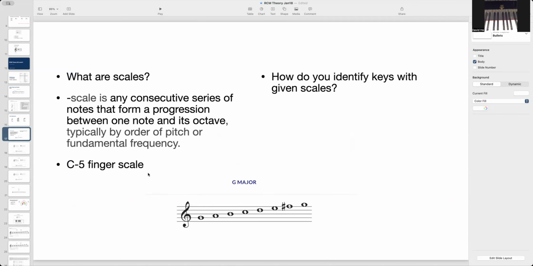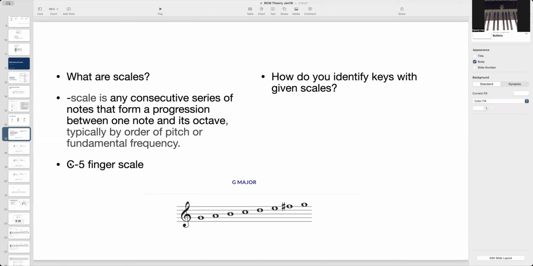The scales: most of the time you have heard one term. It's called the five-finger scale, which is only five notes in here. So this one is a G major, because there's one sharp in there. From G to another G, there's 1, 2, 3, 4, 5, 6, 7, 8.